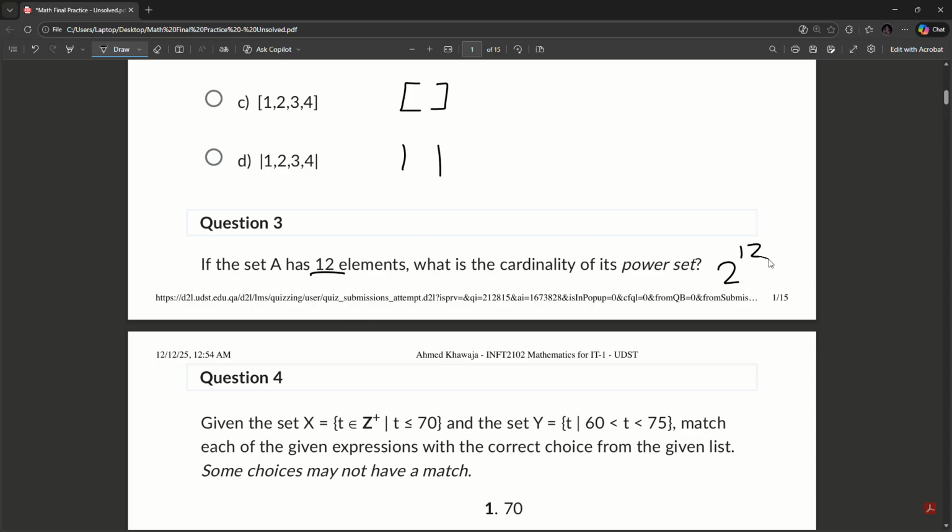So 2 to the power of 12, which is 4096. Let me quickly confirm it because I do not have the cheat sheet. So yeah, I was correct. It is 4096.